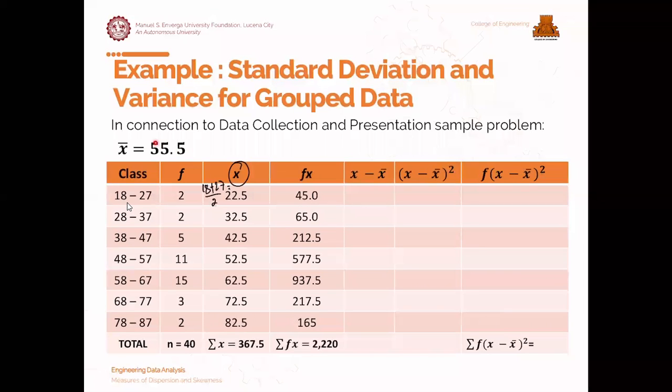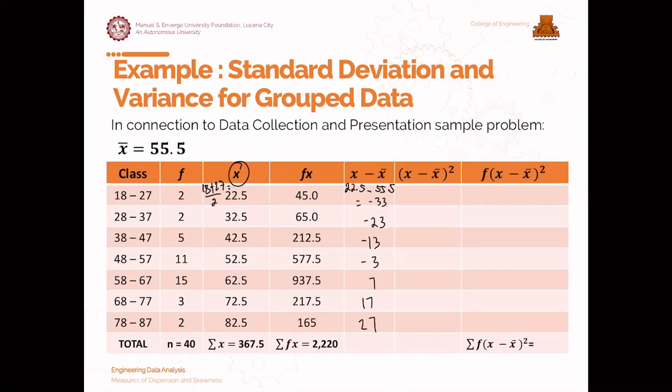So, gagawin lang natin dito is 22.5 minus 55.5 is equals sa ilan? Negative 33. Okay, so we have negative 33. Then performing that on the other rows, we have 13, negative 3, 7, 17, and 27. Okay?